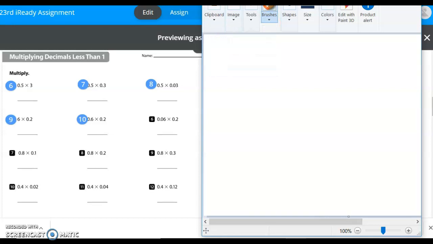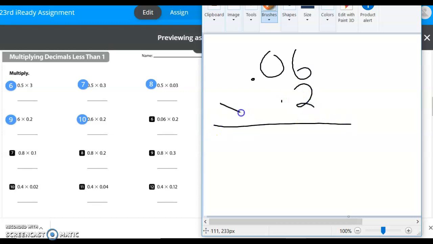I have my larger number, or not larger, but longer number is 600ths. And we're multiplying that by 2/10. So I know that 6 times 2 is 12. So I'm going to put my 1 here and my 2 here. 0 times 2 is 0 plus 1 is 1.